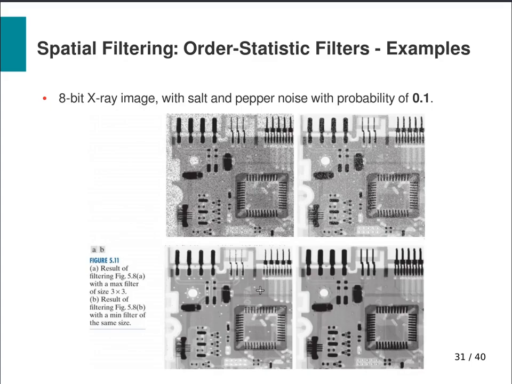So usually the median filter is more preferred as opposed to the max and min filters. For some applications you can apply the min and max filters, but generally speaking a median filter is more preferred for removing salt and pepper noise.